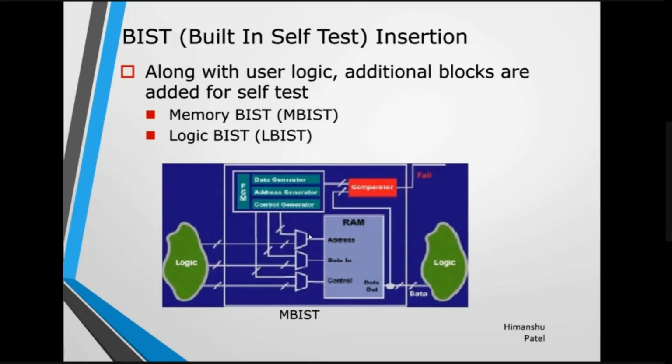Let's say this mux is newly added by the BIST logic, but without this mux, previously this logic is directly connected to this address pin. Likewise, data out is directly connected back to this logic. So this and this already have connectivity.